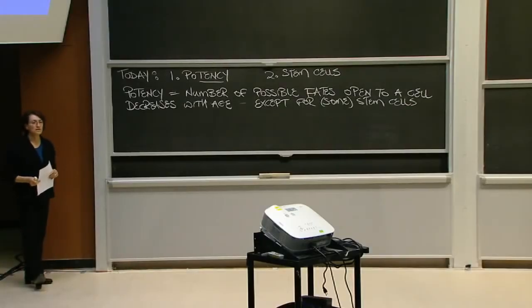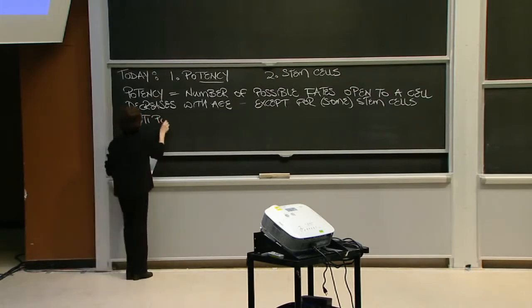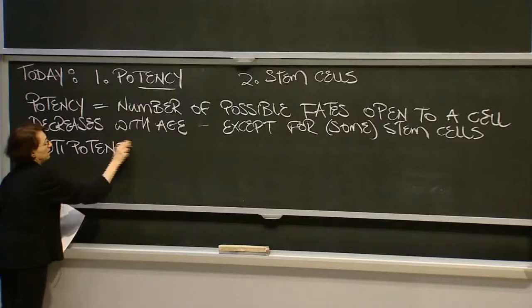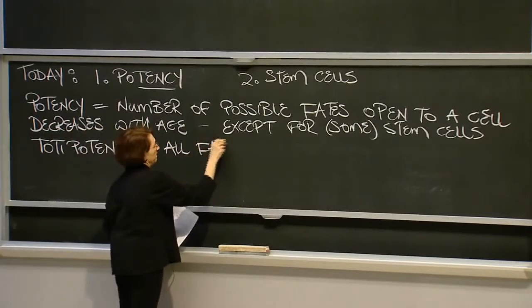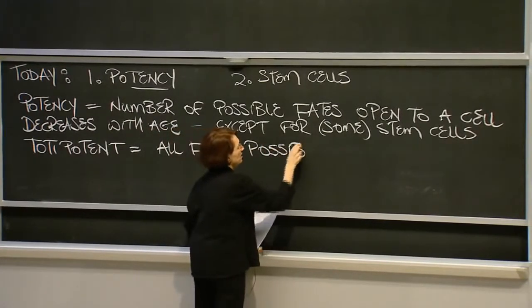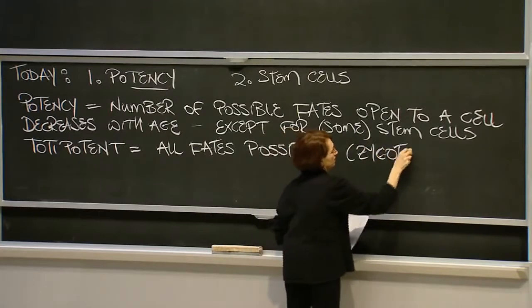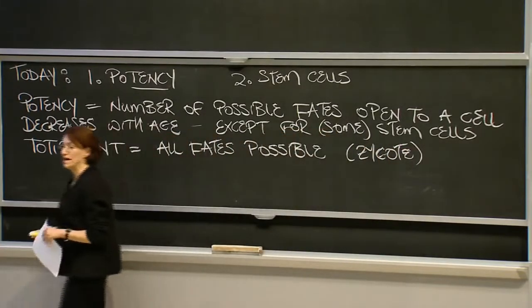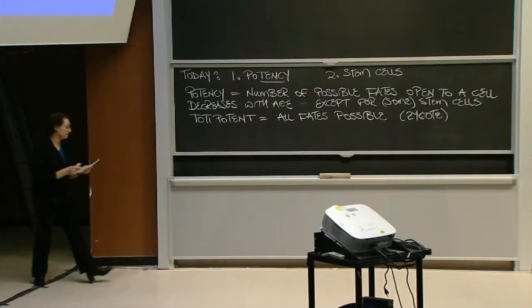What kinds of potencies are there? There's the big one, totipotent, where a cell can become all fates. And there's really only one cell that can do this in the normal animal, and that is the zygote. In most animals, even as the zygote becomes just 2 cells or a few cells, that full potency is lost.